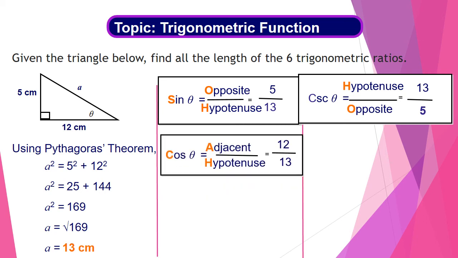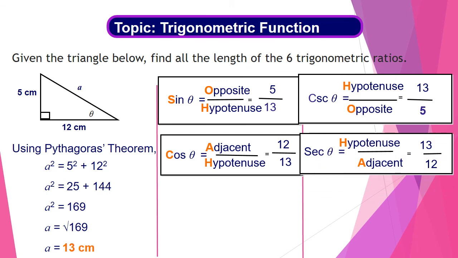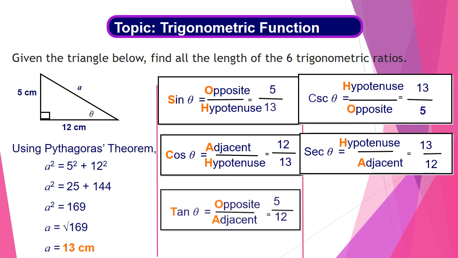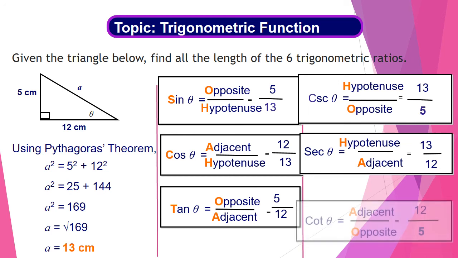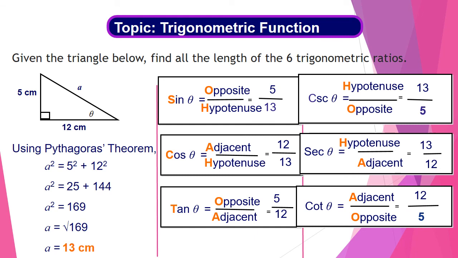The cosine is adjacent over hypotenuse, 12 over 13, and the secant, which is the reciprocal of the cosine, will be 13 over 12. Our tangent is opposite over adjacent, which is 5 over 12, and the cotangent, which is the reciprocal, is 12 over 5.